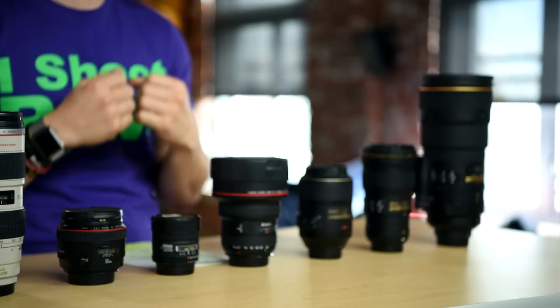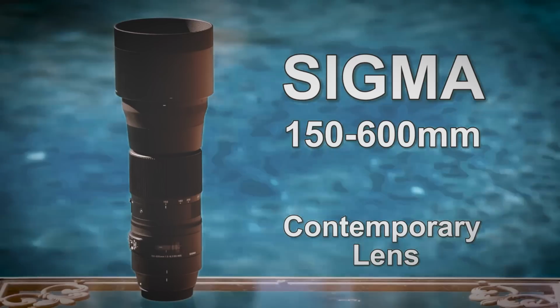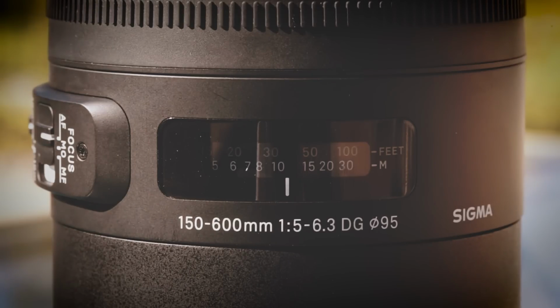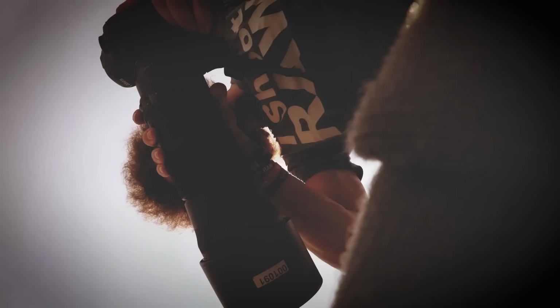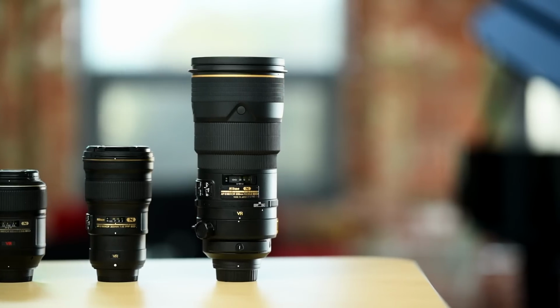And then finally, we move into something called a super telephoto zoom lens. You can have something like a Sigma 150 to 600, which is a super telephoto lens. It also is a variable aperture, and that gives you a huge zoom range. But then you have super telephoto fixed lenses like this 300 2.8. Some people may look at it and be like, that must be the biggest zoom in the world.